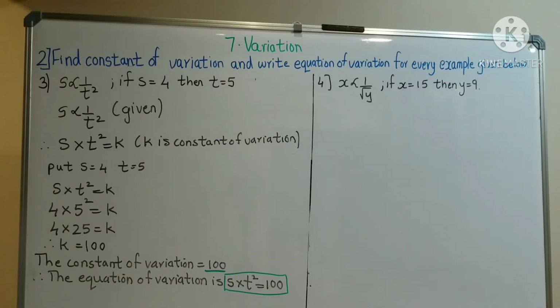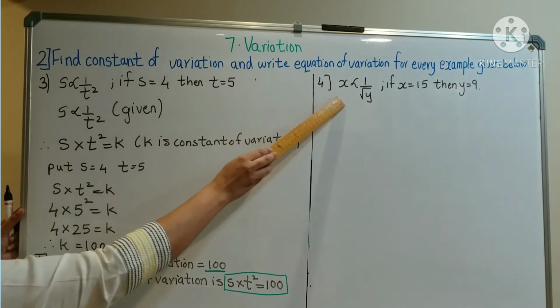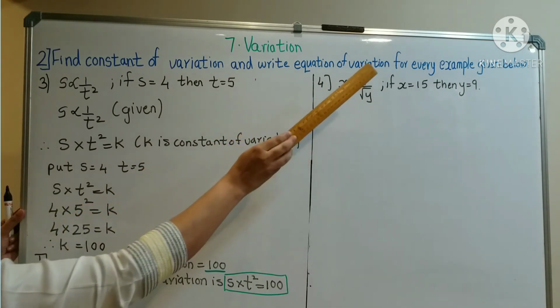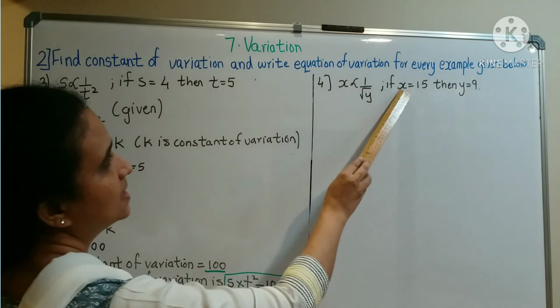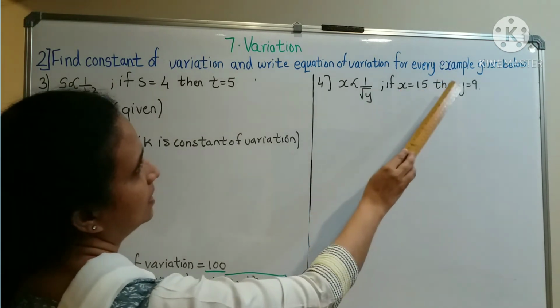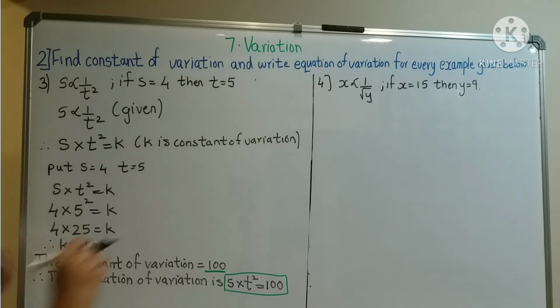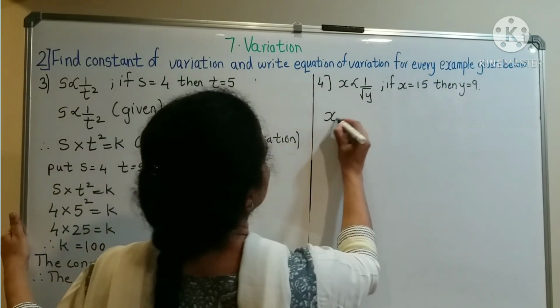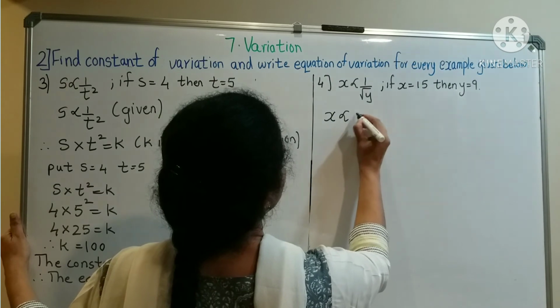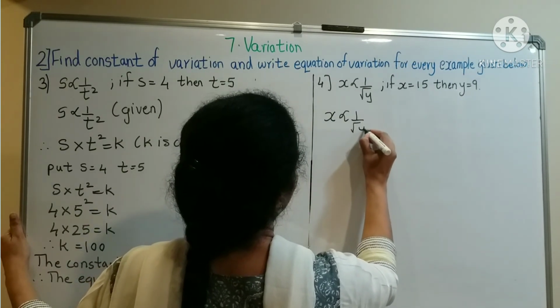Now let us solve the fourth example. X inversely varies to square root of y. If x is equal to 15, then y is equal to 9. So let us solve. X inversely varies to square root of y.